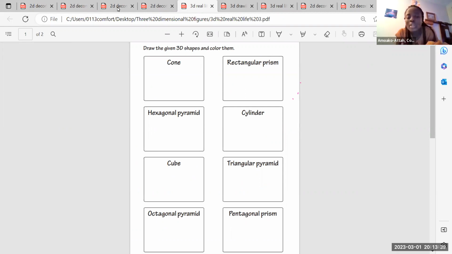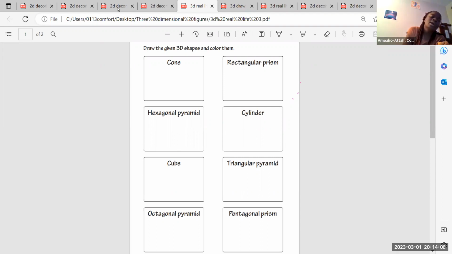We already know what a cone is, what a rectangular prism is, what a hexagonal pyramid is, what a cylinder is, what a cube is, what a triangular pyramid is. Octagonal is what? Having 8 sides, okay? Then pentagon has how many sides? 5, all right?